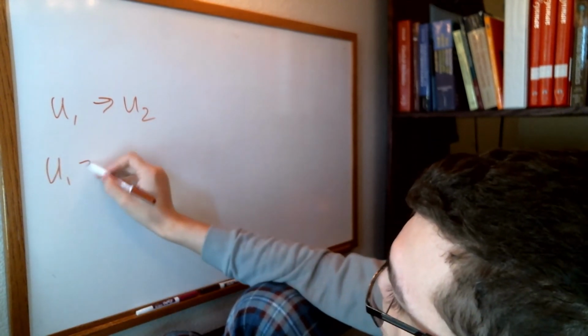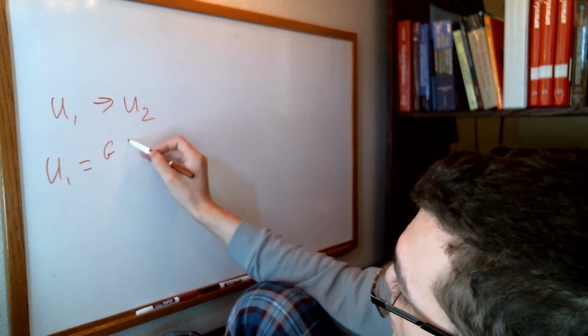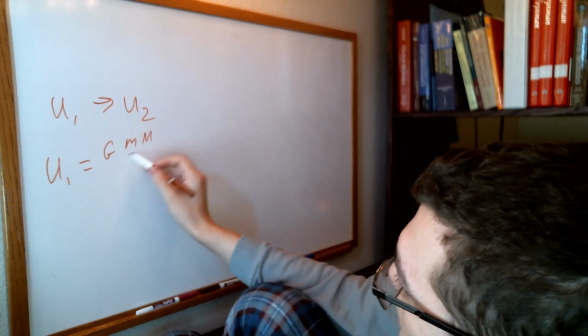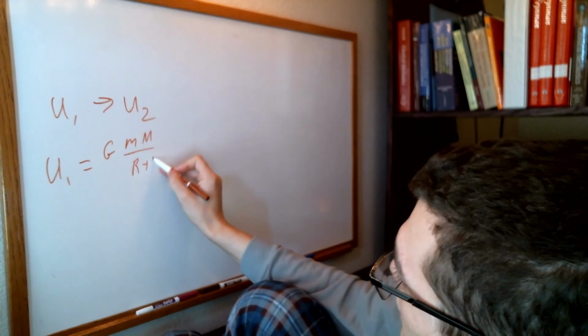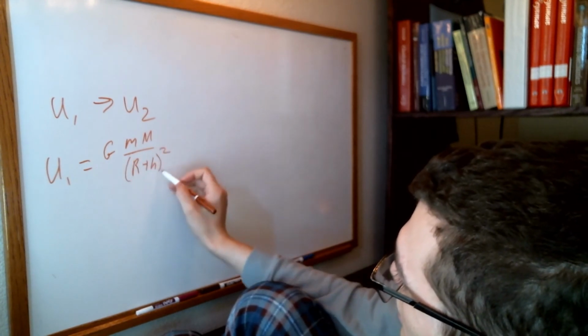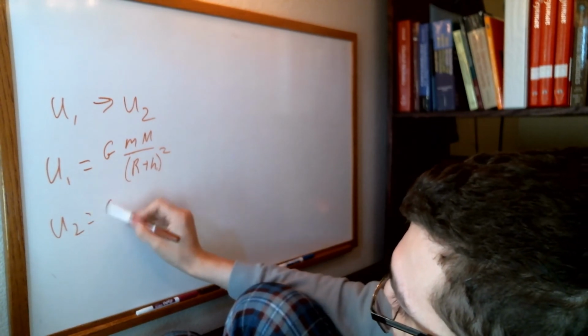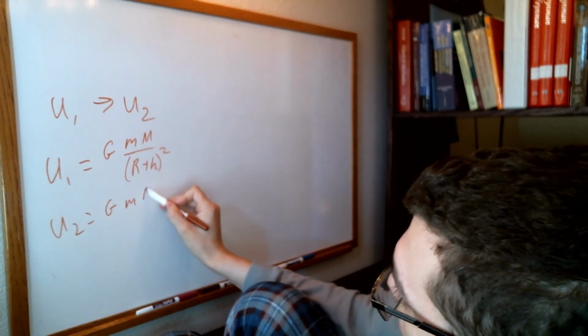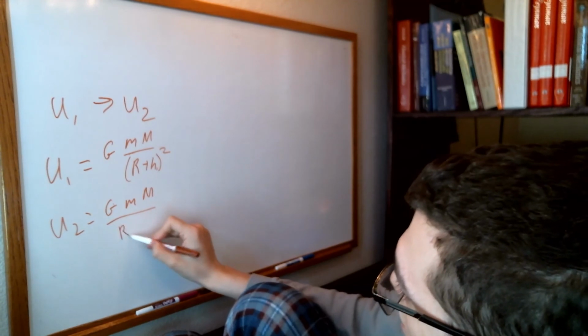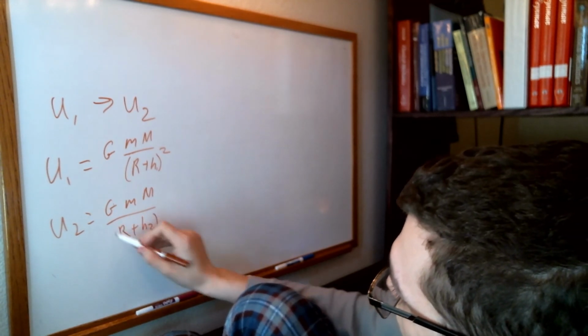Potential energy U1 is equal to GMm over (R plus H1) squared, and U2 is equal to GMm over (R plus H2) squared.